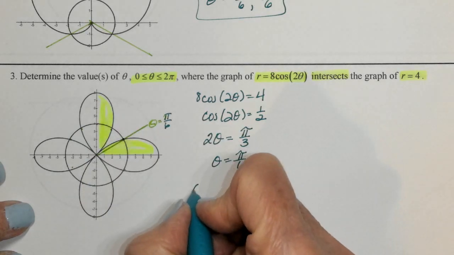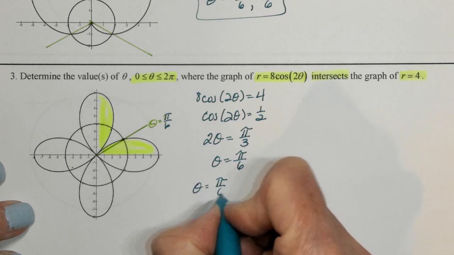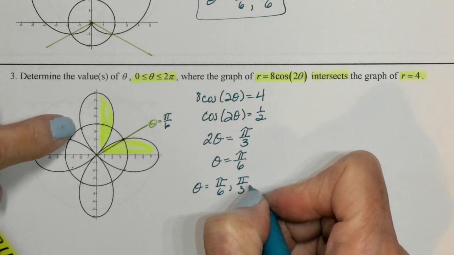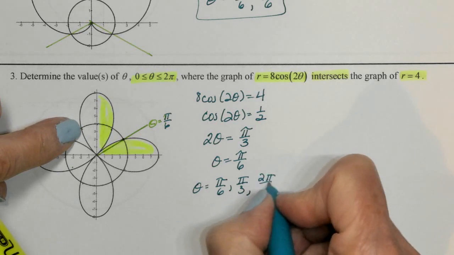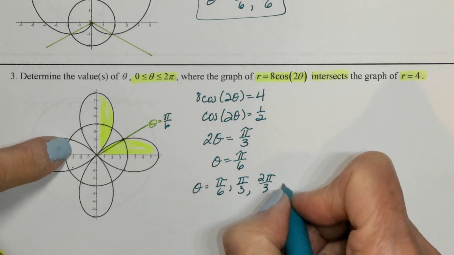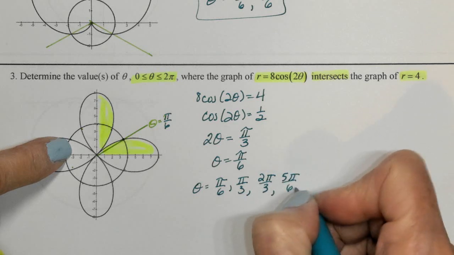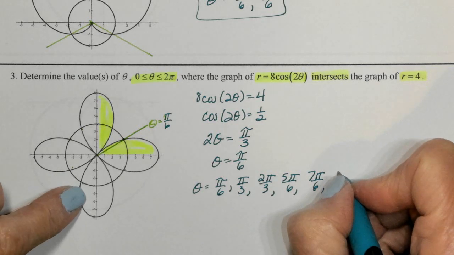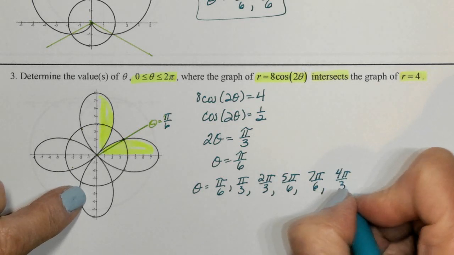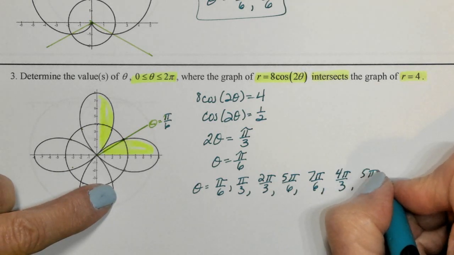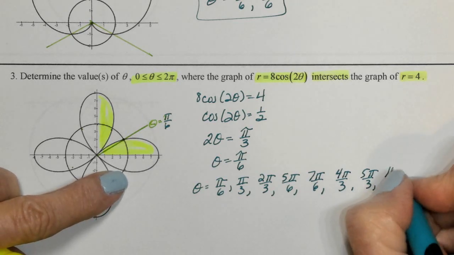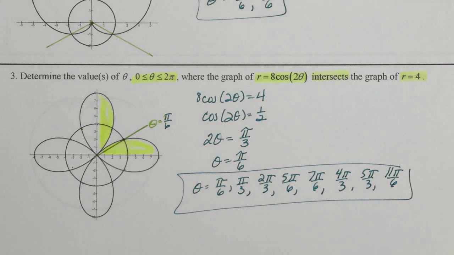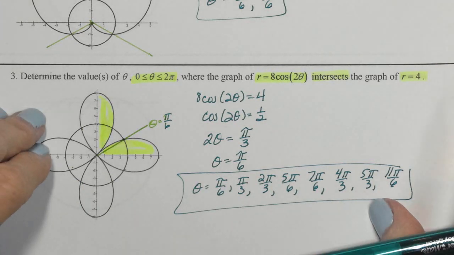So we're going to have pi over 6 and pi over 3. This one would be 2 pi over 3. This would be 5 pi over 6. Here's 7 pi over 6. 4 pi over 3. 5 pi over 3. And lastly, 11 pi over 6. Those are all theta values, 8 values where those two curves intersect.